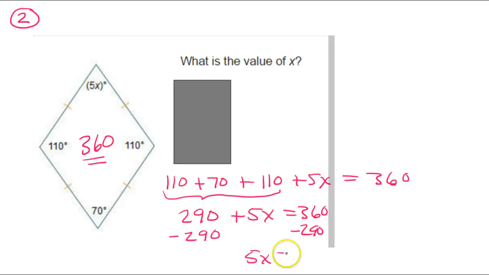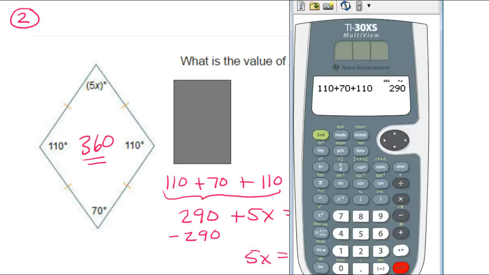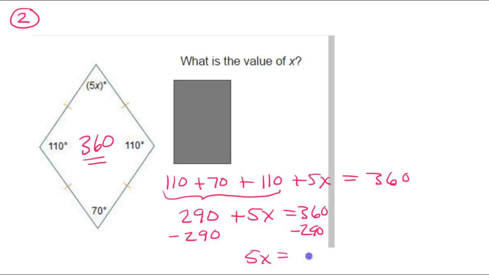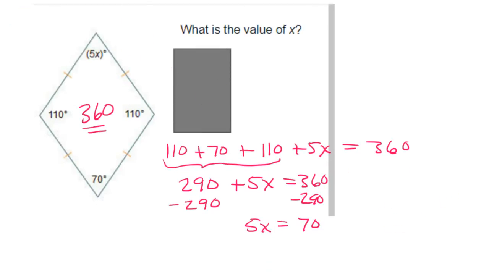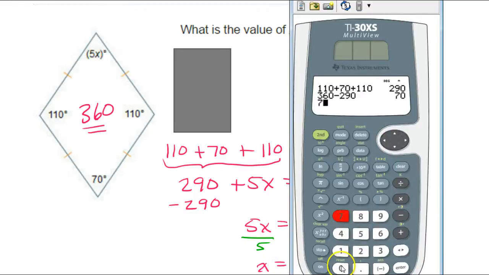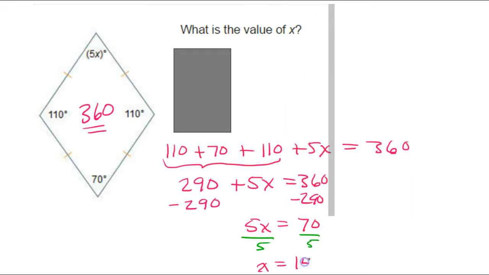So that's going to give me 5x equals 360 minus 290. That's 70. Then I would divide both sides by 5. That's 14. So that should be the value of x.